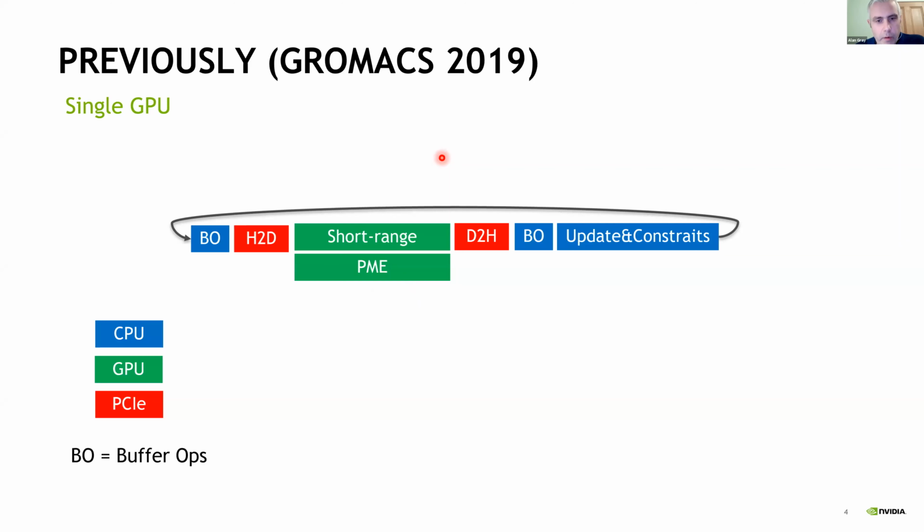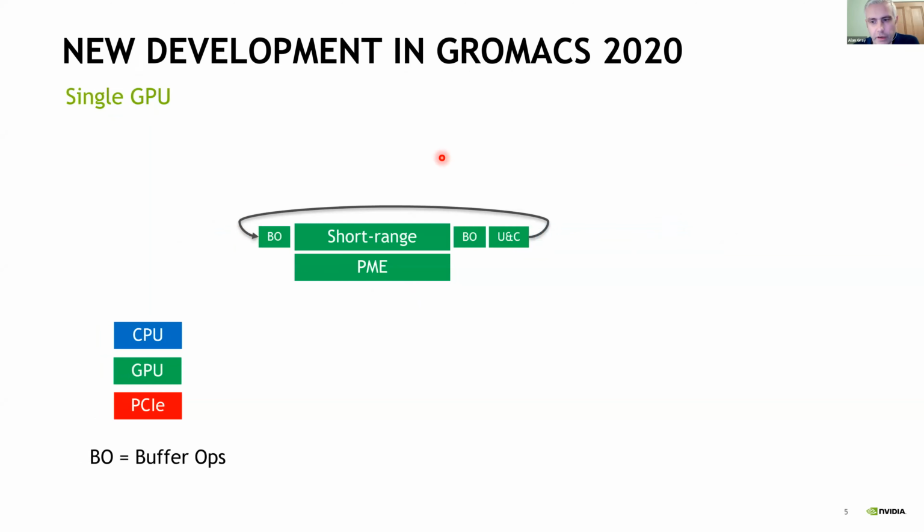Okay, so that was Gromacs 2019. We did a lot of optimizations for Gromacs 2020, which was the version released at the start of last year. These involved offloading everything to the GPU. So you can see here that everything is now green. In particular, we offloaded the update and constraints part of the time step, the buffer ops, and some other things that are not mentioned here.